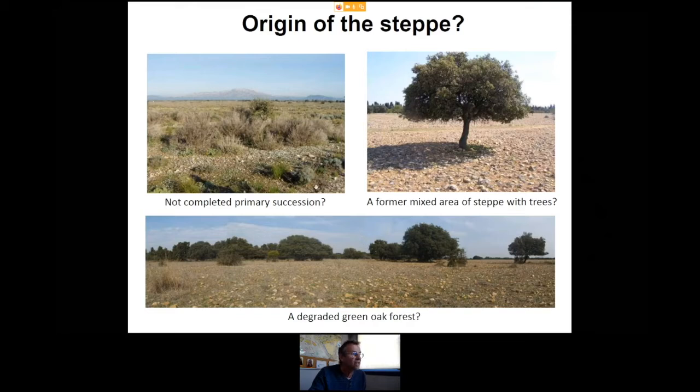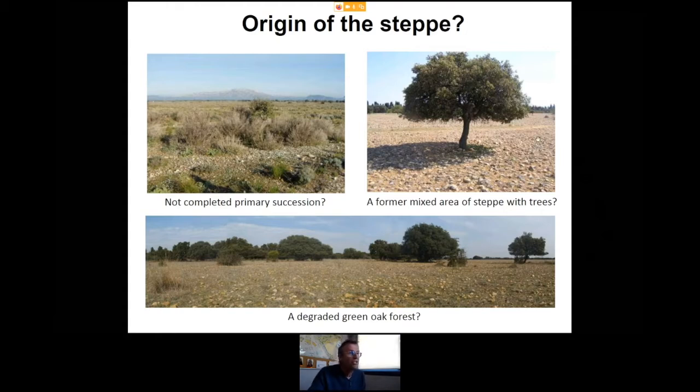Perhaps this area is an uncompleted primary succession, because in some places we can sometimes have some shrubs, some Rosmarinus officinalis or Phillyrea angustifolia shrubs. So it means that perhaps at the origin it was a primary succession that was stopped by human utilization, I mean cutting and grazing.